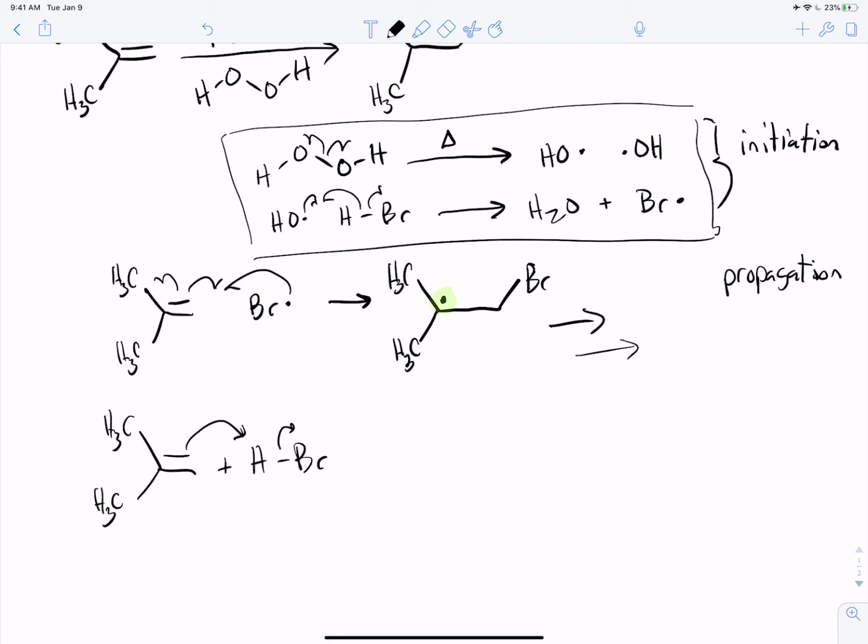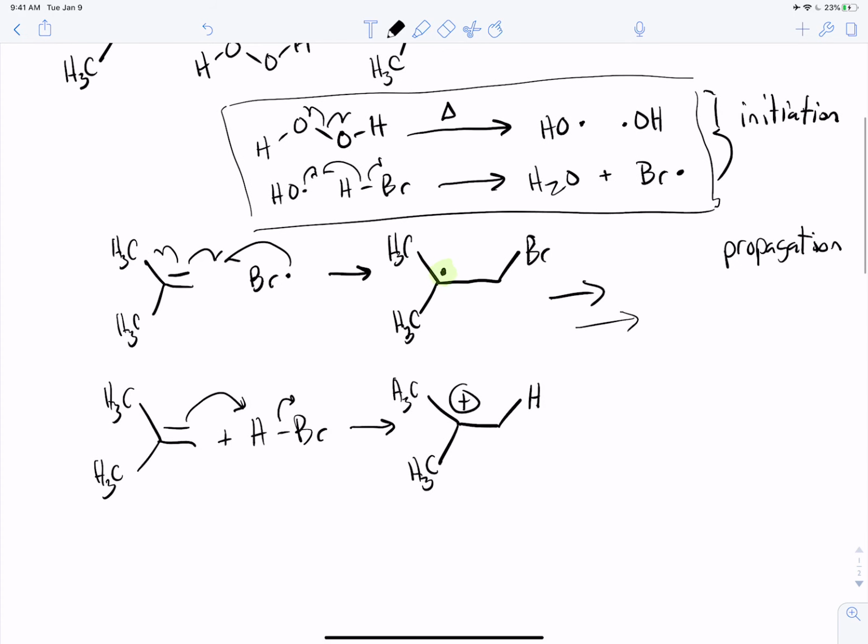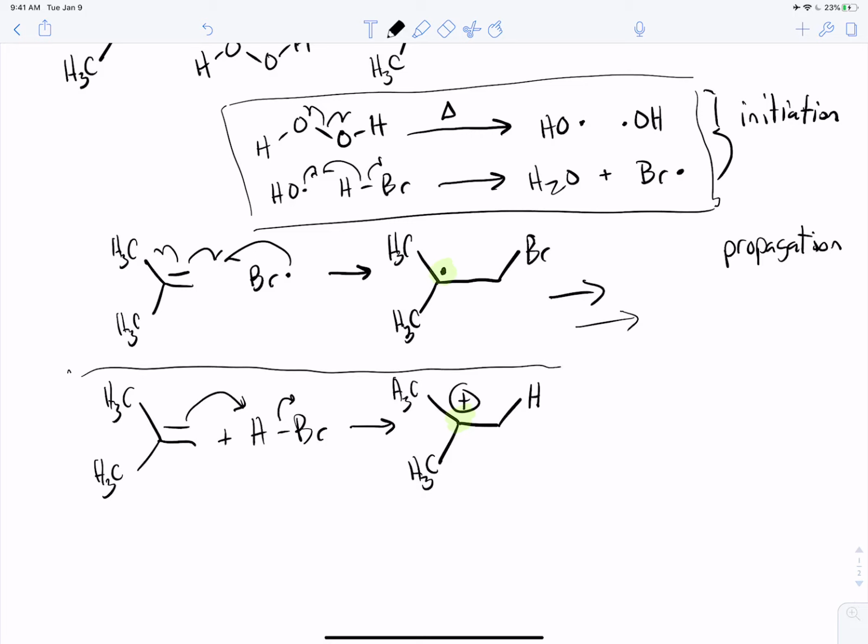In our first step, we're forming the most stable carbocation. The difference between these two reactions, even though both are following the same trend of forming the most stable species, is that in the first step of the alkene HBr addition, you're adding the hydrogen first.